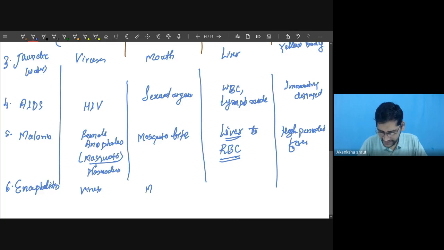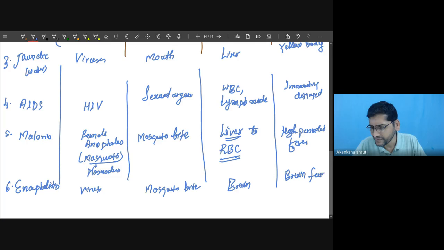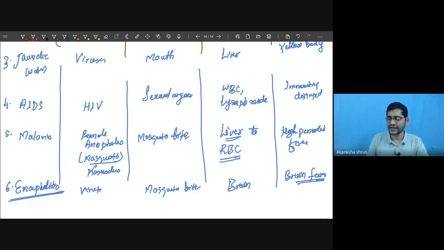That mosquito carries this virus, bites, and it affects the brain. This is also called brain fever. So brain fever is nothing but encephalitis. You have to keep this in mind.